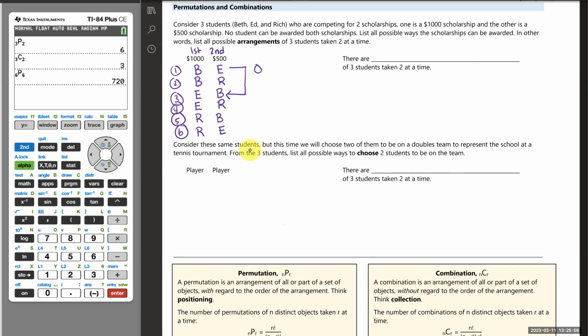So when we talk about arranging objects and we say that order matters, order matters means that the outcome Beth first place, Ed second place, is different than if we would change the order. So outcome Beth Ed is different than outcome Ed Beth.